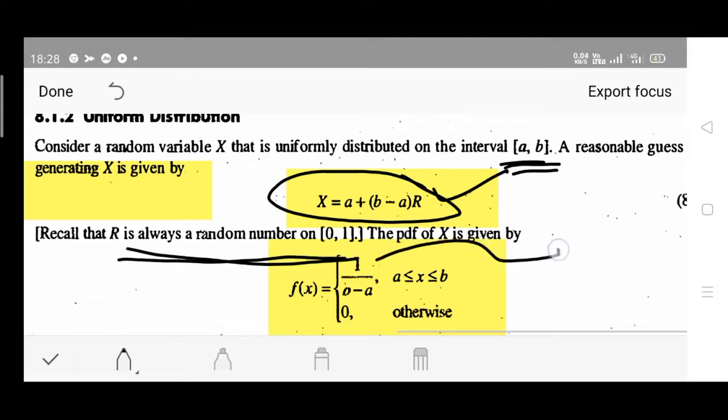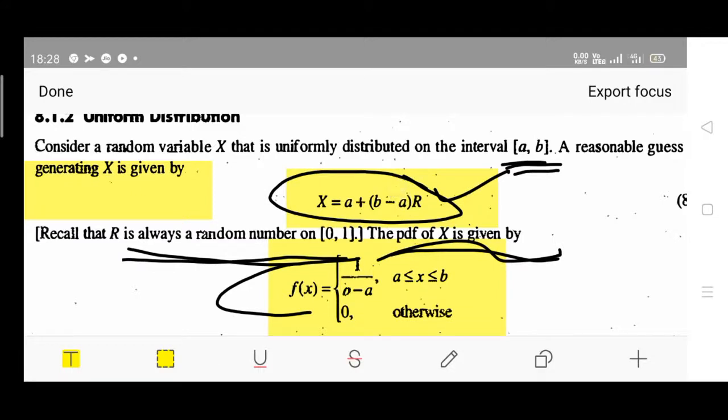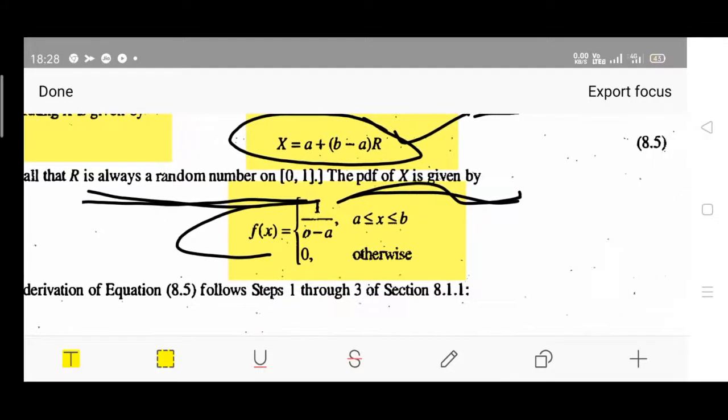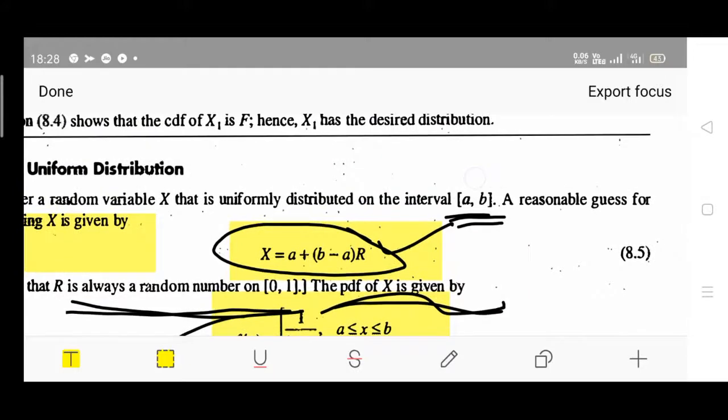The probability density function for x, that is small f of x, for the uniform distribution is equal to 1 by b minus a in the normal case, where x lies between a and b, as you are aware of the interval value.